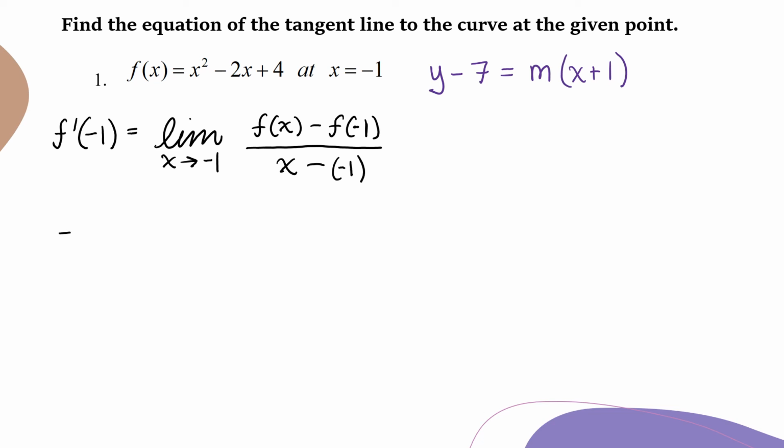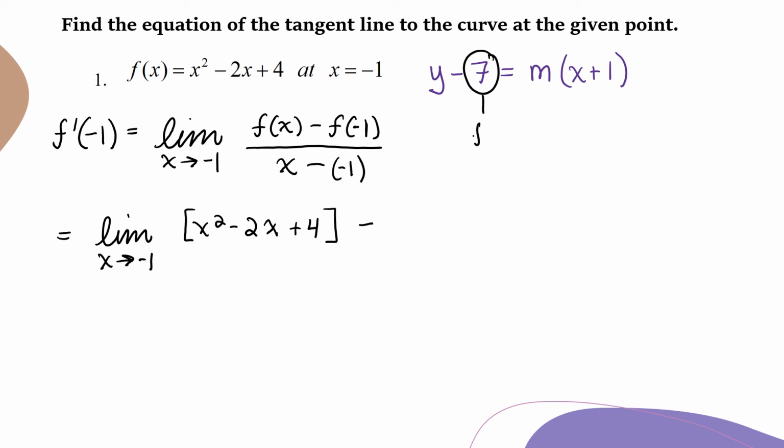So this will be equal to the limit as x approaches -1 of f of x, so that's x squared minus 2x plus 4. And at this point in the problem, we've already found f of -1. It's 7. If you don't remember, we just found that by substituting -1 into our function.